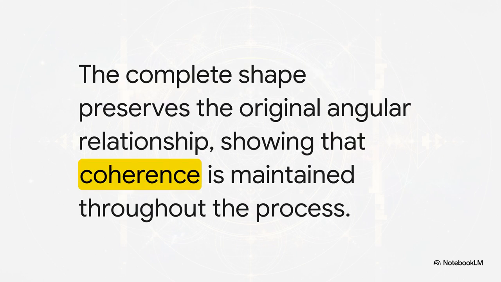And there you have it, the final shape, the complete A. It holds that entire process together. You see how the original angle from the top is still there? It's preserved. That shows us that even as the one becomes many, there's a fundamental coherence that's kept the whole time. So the letter A is not just a letter. It's literally a diagram for how things arise.